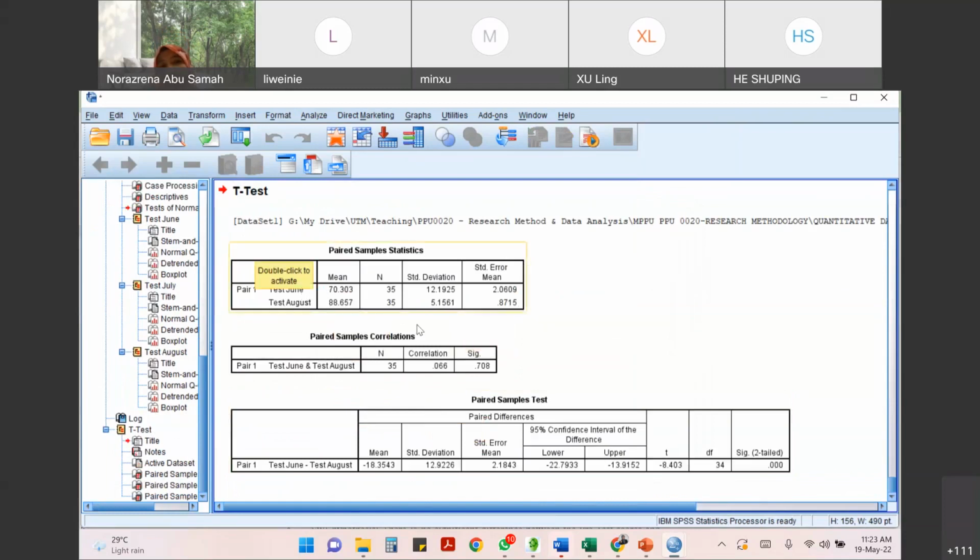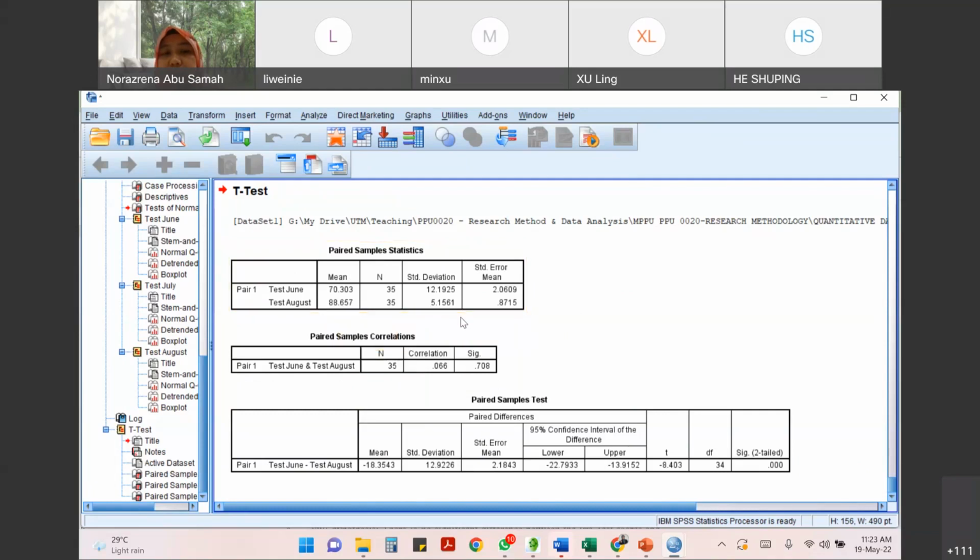So you can write what it means here. So the standard deviation is here. From this you can actually explain that June has a lower mean than August. So you can explain in your thesis that the mean for August is higher, better.